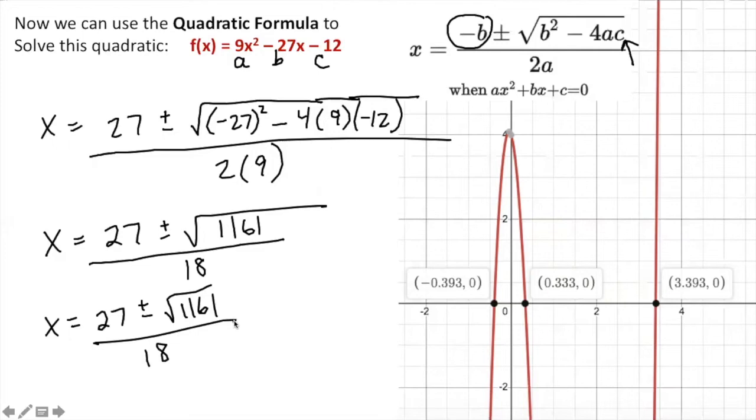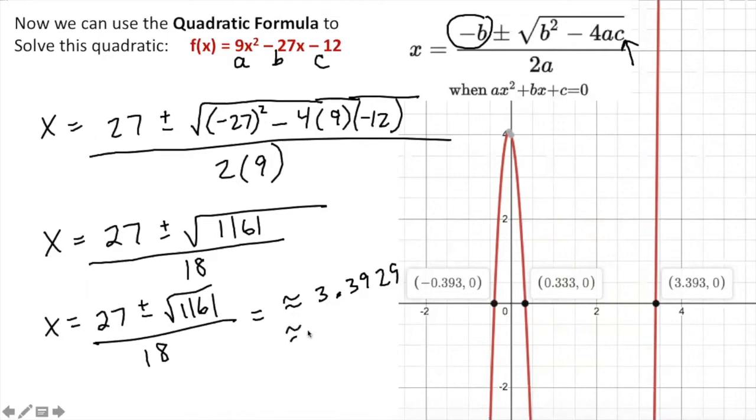So now I'm going to do the two cases to get approximations for these roots. I'm going to do 27 plus the square root of 1161, enter, divided by 18. That gives me approximately 3.3922, 9, etc. It keeps going on.